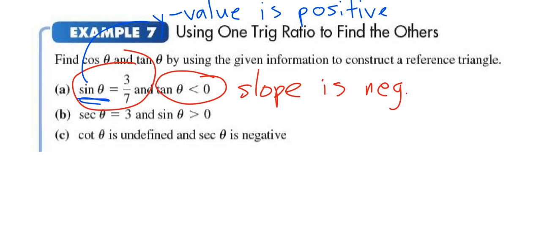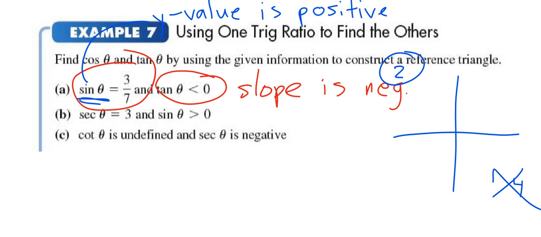All right, so let's think about this. The fact that your slope is negative tells me you're in quadrants 2 or 4. But then they go to the trouble of telling me that the y value is positive, so that narrows it down to which quadrant? Quadrant 2. So not down there.